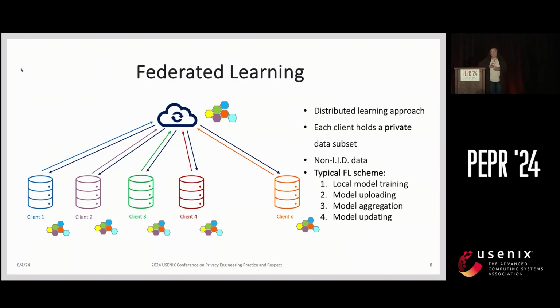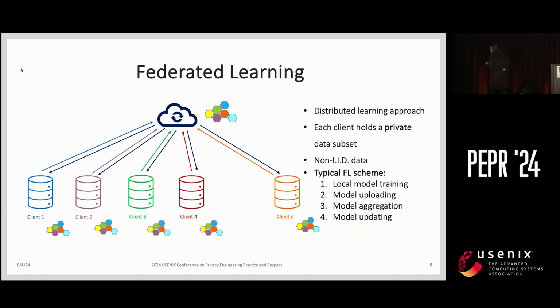What they're doing is they're releasing the updates of their local model training to the centralized server. The centralized server generally aggregates those updates, sends the feedback back to each of the clients, and eventually when all of the clients converge to the global model, we declare victory and we have a trained model.